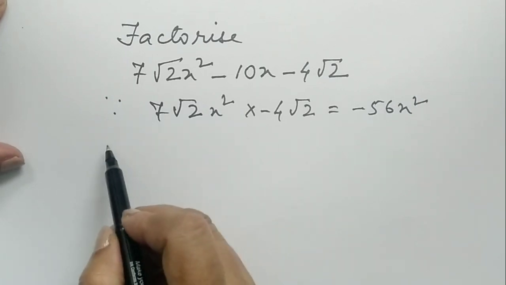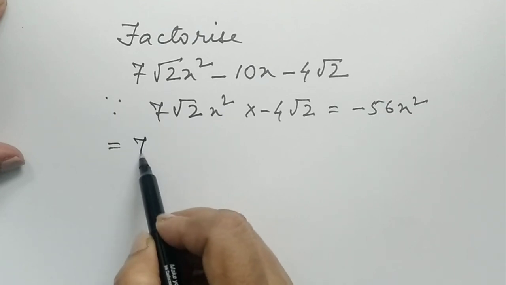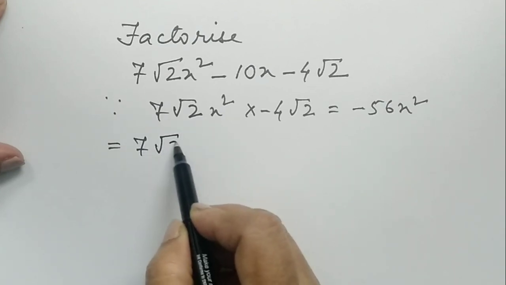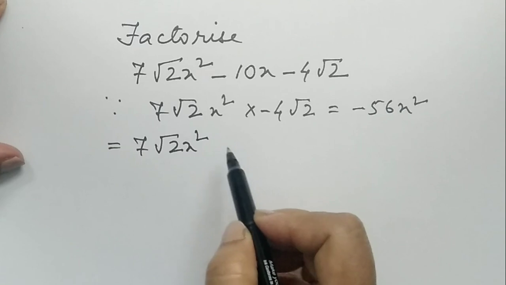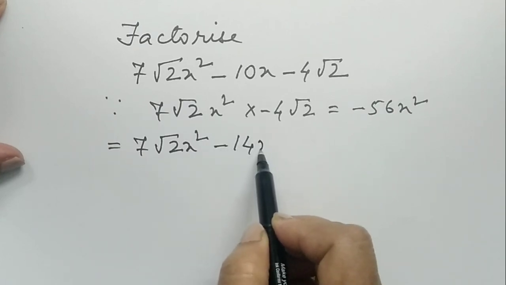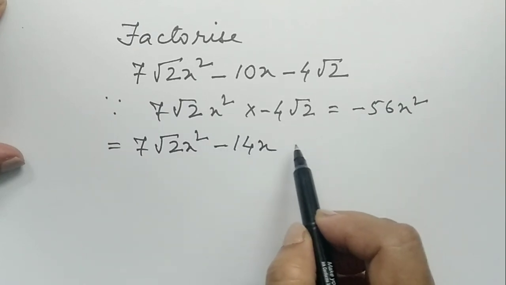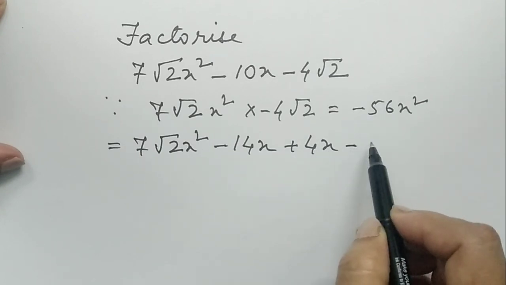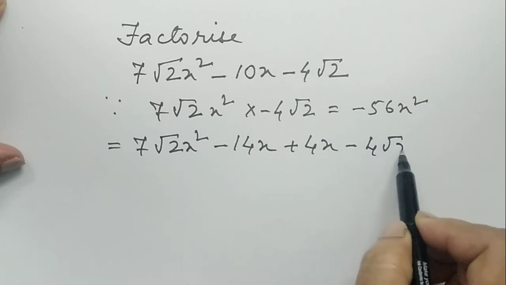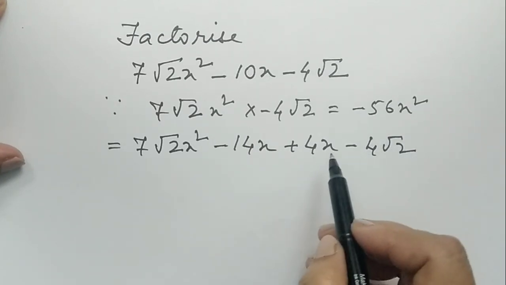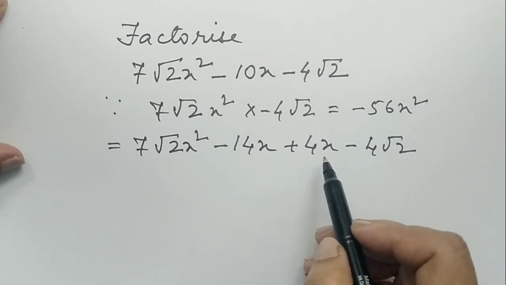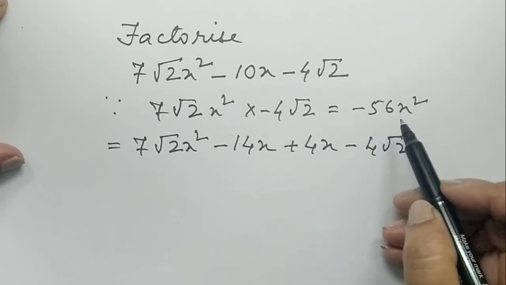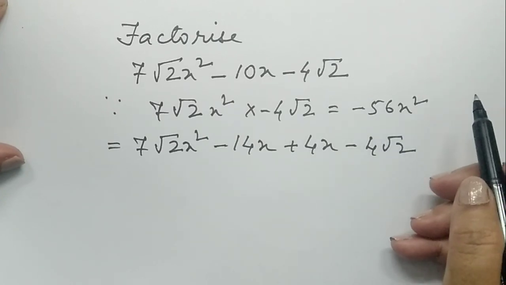Alright, so the next step would be 7 root 2 x square minus 14x plus 4x minus 4 root 2. How? Minus 14 multiplied by plus 4 will give me minus 56 x square. Got it?